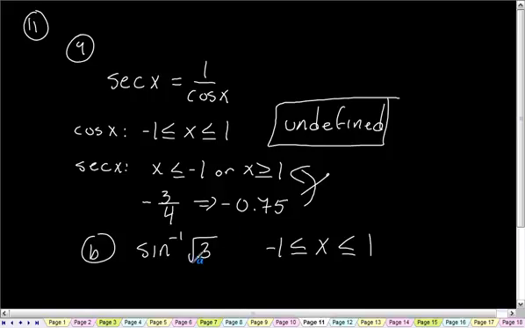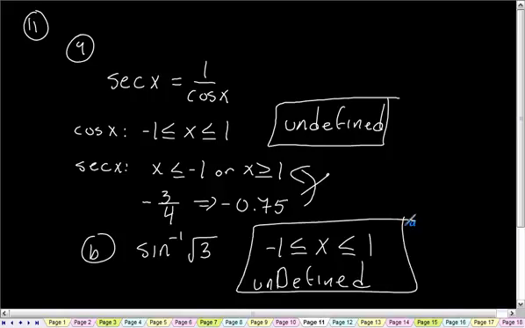Radical 3 is greater than 1. It's 1 point something. So that is not in the domain, so it's undefined. It doesn't have a value. So both of these are undefined. And that was that section. Hope it helps.